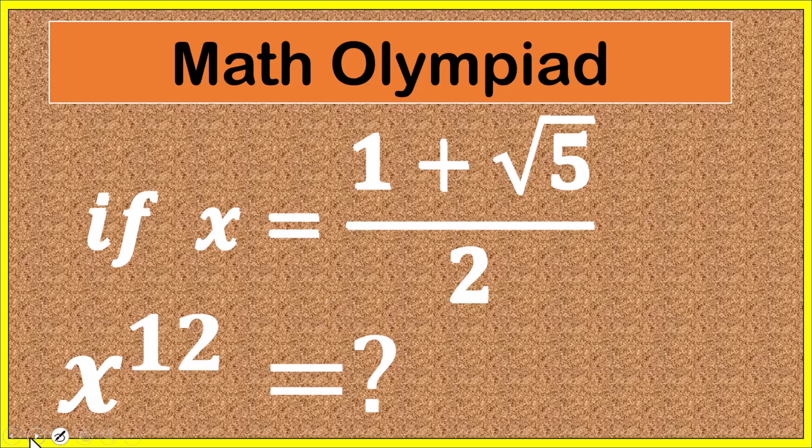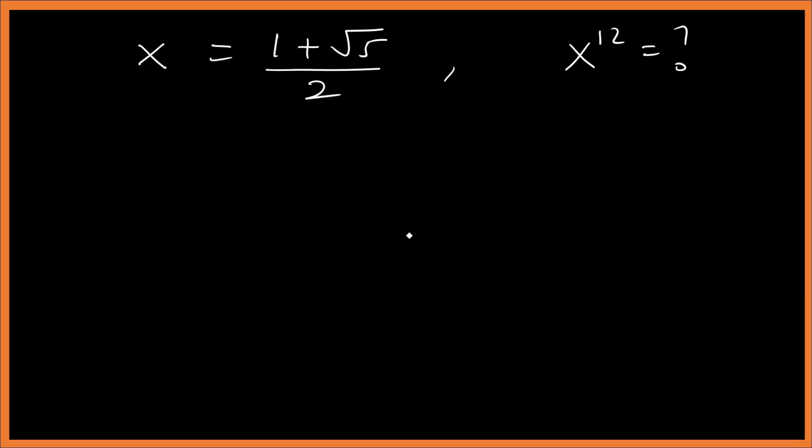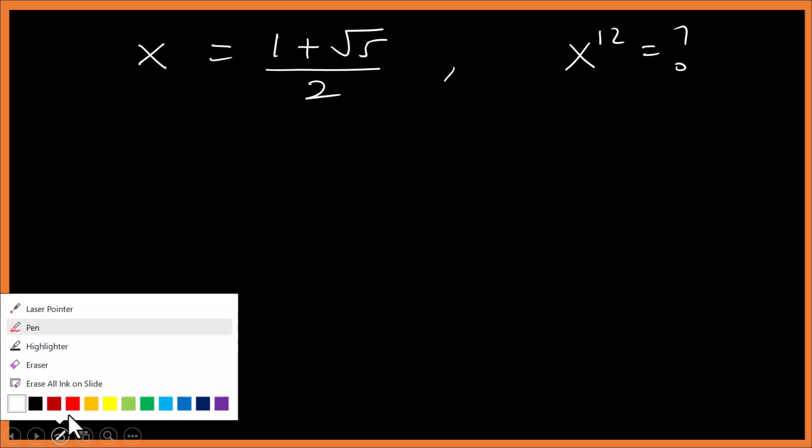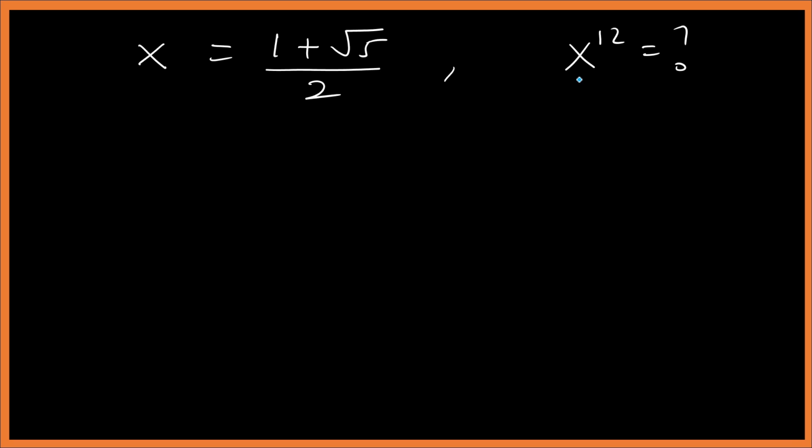Before we start, let's understand that x to the power 12 can be written as x to the power 6 times x to the power 6.